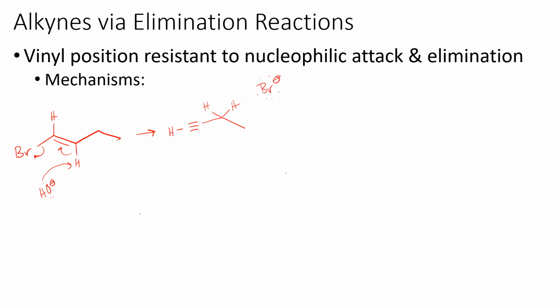But since we are under these heat conditions, it does not stop here, since we're under our equilibrium conditions with the heat. Now we have these protons adjacent to the terminal alkyne, and under these basic conditions, we're going to see another deprotonation happen.